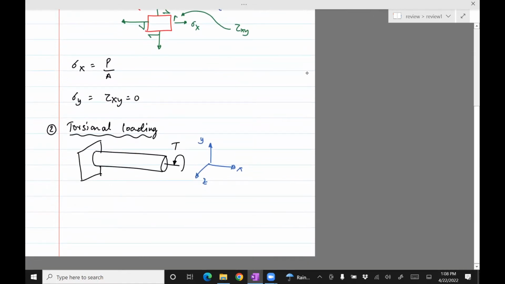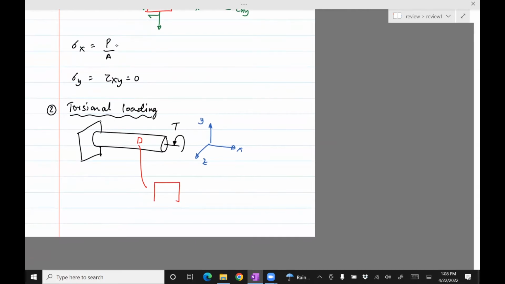The torque in this case actually leads to a shear stress, and the shear stress is, let's just draw the same element. Take an element on the surface and then blow it up. Okay, so the same thing here.